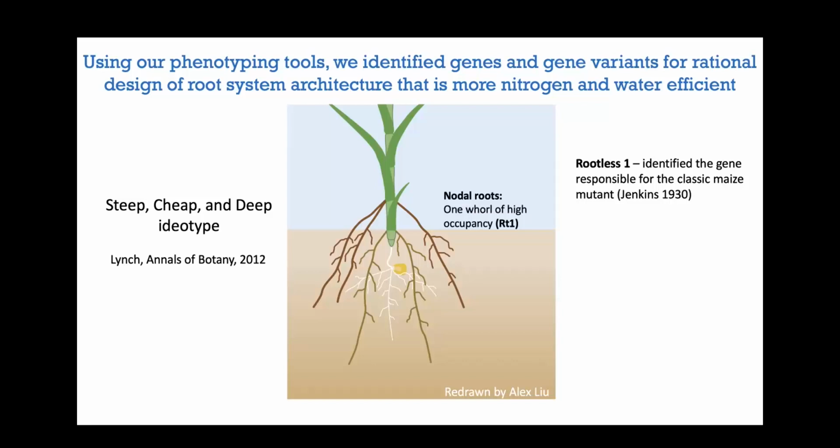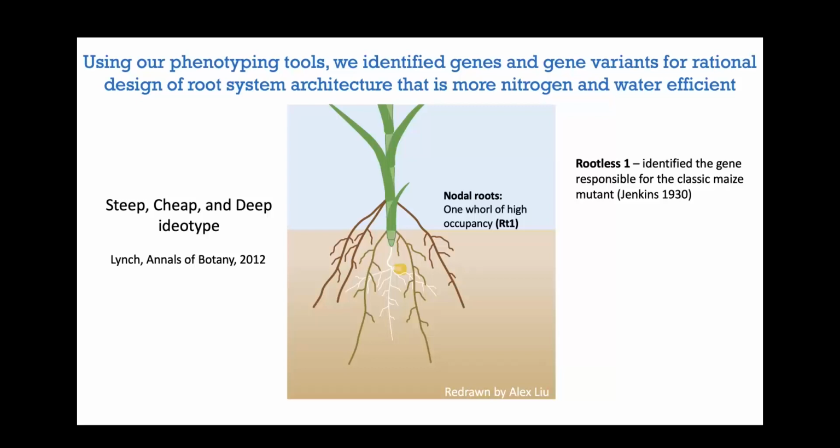The cheap part has to do with the metabolic costs of growing things. I'm not going to get into that today. We don't quite study that so much in my group, but thinking about steep and deep gets to that efficient nitrogen capture, or drought avoidance, or drought tolerance, however you want to think about it, in terms of making root systems basically narrow and deep and getting in there quickly.